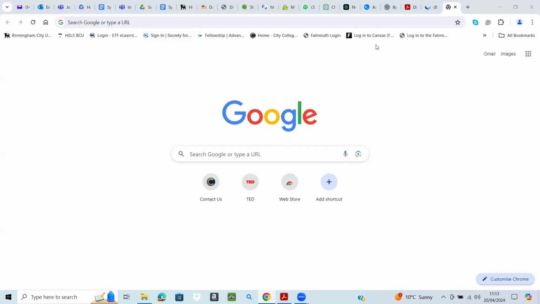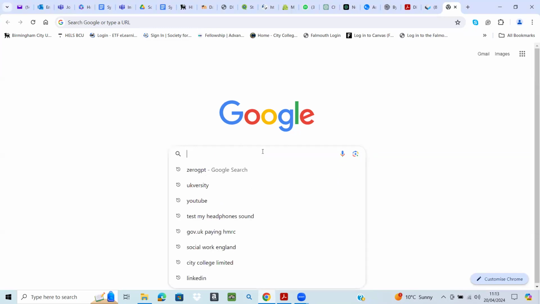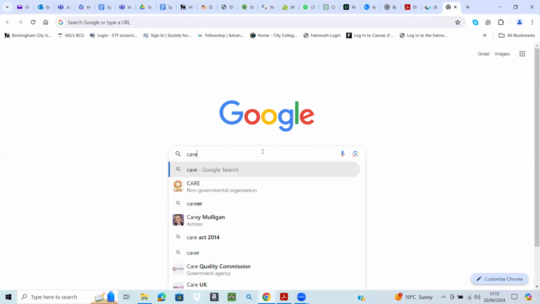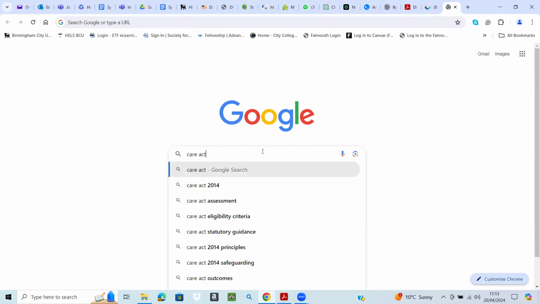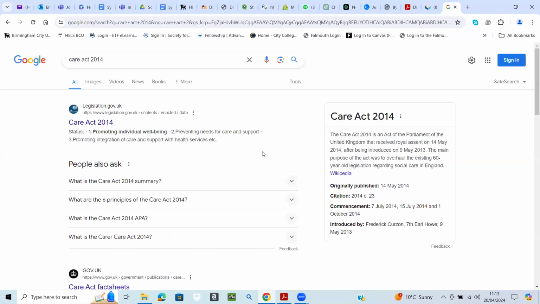Now, for example, if I have to write about the CARE Act, I'm searching for CARE Act 2014. For any topic, we always need to find relevant content from a reliable source.